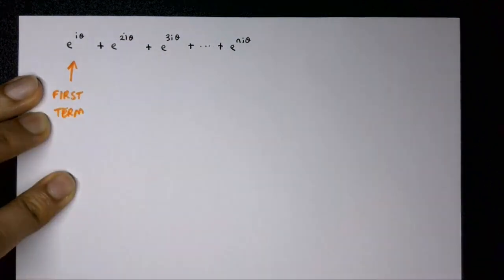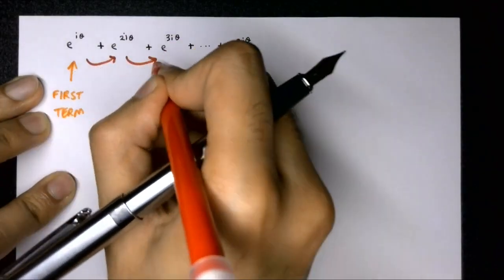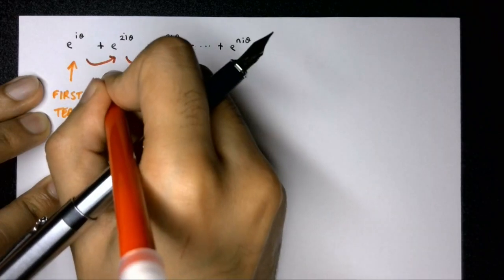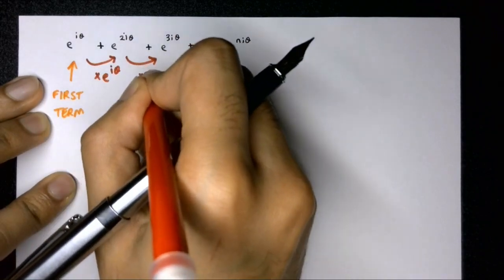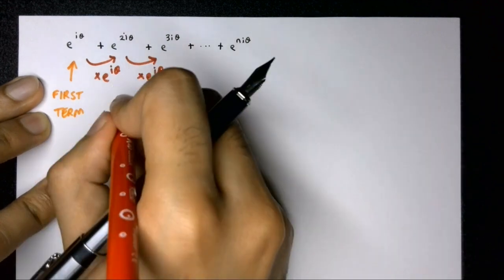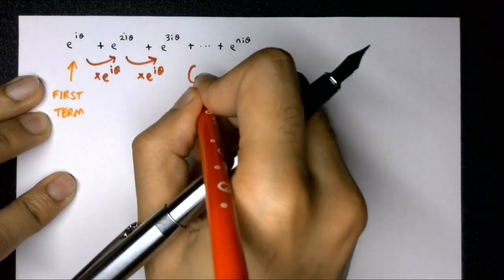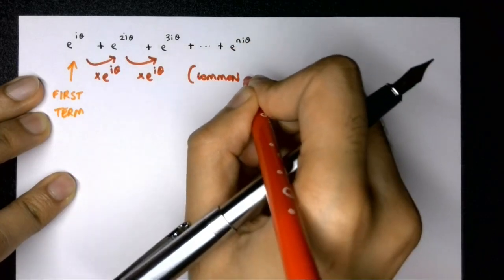And you can also see that the common ratio is e to the i theta. Okay, so this is the common ratio.